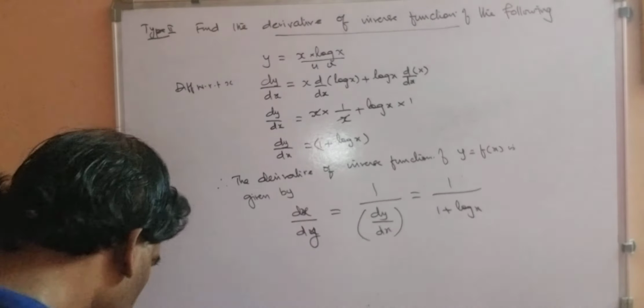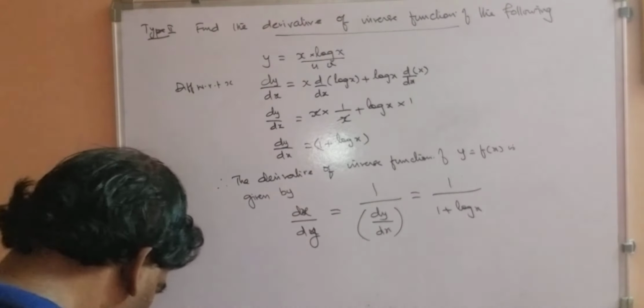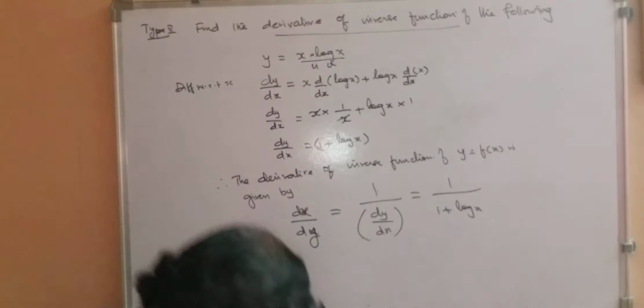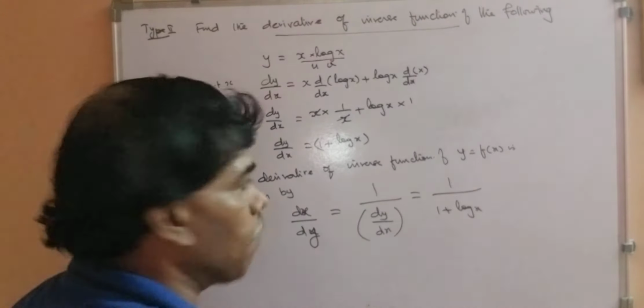That's all. It's a very simple thing. Now what we will do, another type 3, we will do certain sums.